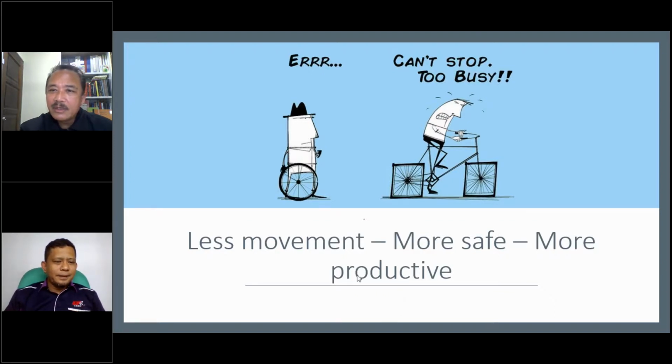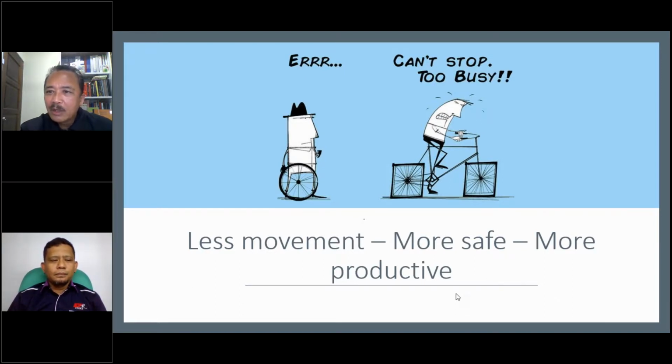The question is, is there any possibility of leaking if using pipe, especially installed at the upper areas? So that was the question.